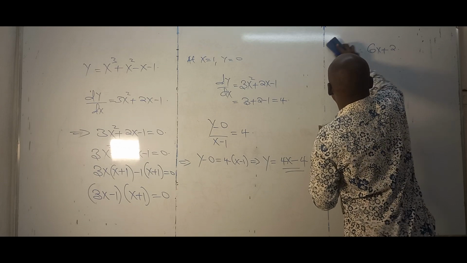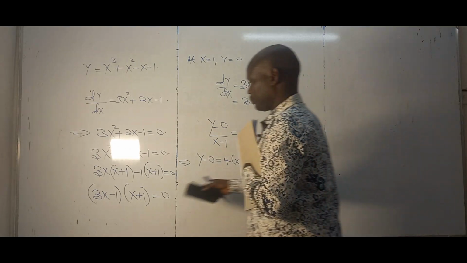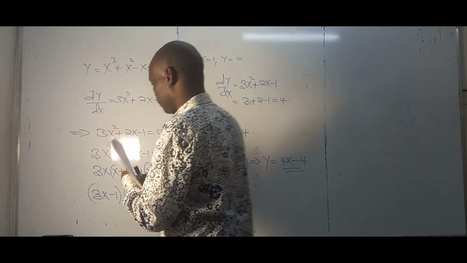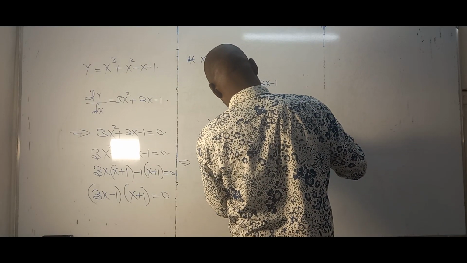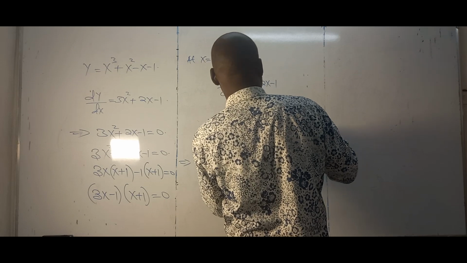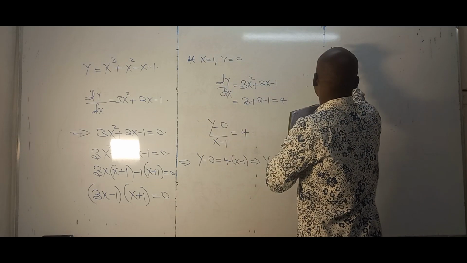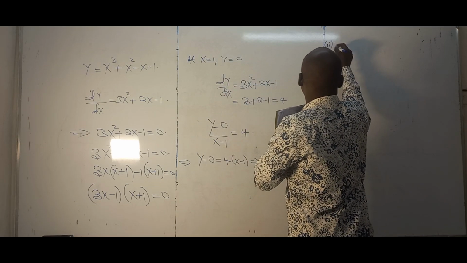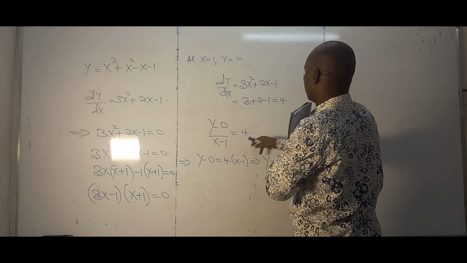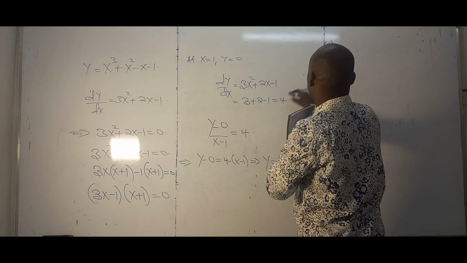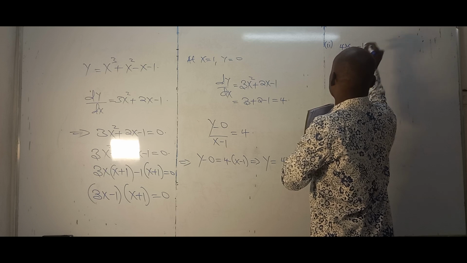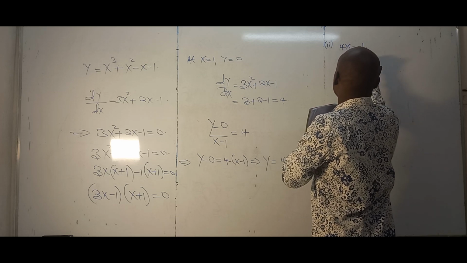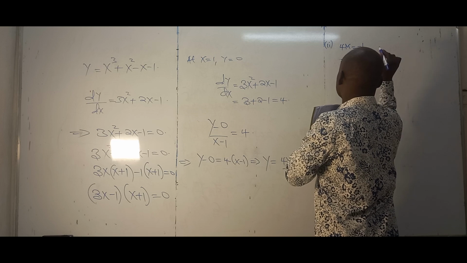Then Roman 2, the equation of the normal to the curve at x is equal to minus 1. So we know straight away this is Roman 2. If the gradient here is 4, then we should be having 4 times m should be negative 1, implying that m is then negative a quarter.